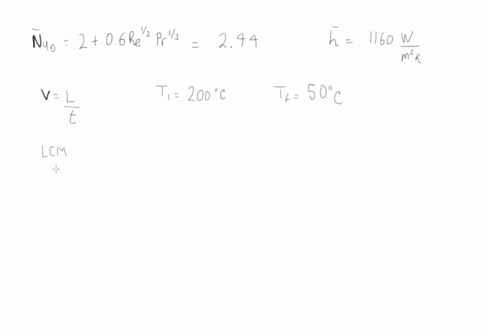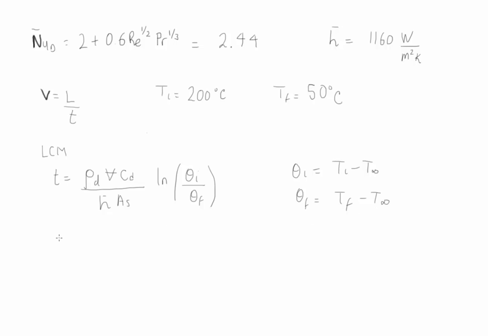Using the lumped capacitance evaluation for time, we find that this is equal to the density of the droplet, the volume of the droplet, the heat capacity of the droplet, divided by the average convection coefficient, the surface area, times the natural log of theta I divided by theta F. Remember that theta I is simply Ti minus T infinity, and theta F is simply Tf minus T infinity.